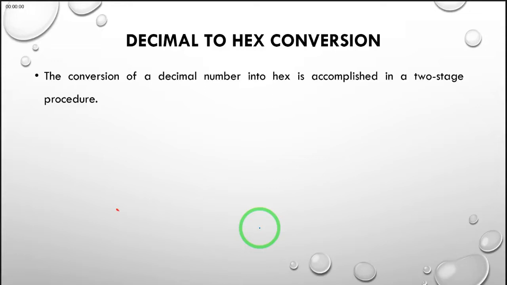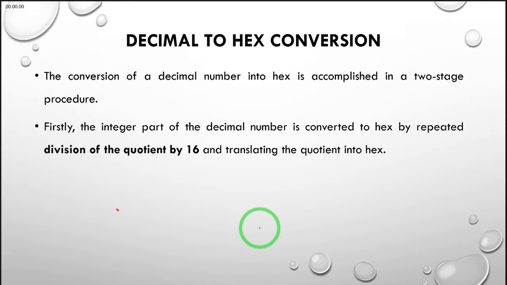So if you were now to do the decimal to hexa conversion, we would follow the same or similar procedure as that we used to convert decimal to binary, but we involve a two-stage procedure in this case. First, the integer part of the decimal is converted by repeated division of the quotient by 16 and translating the digits obtained into their hexa symbols.